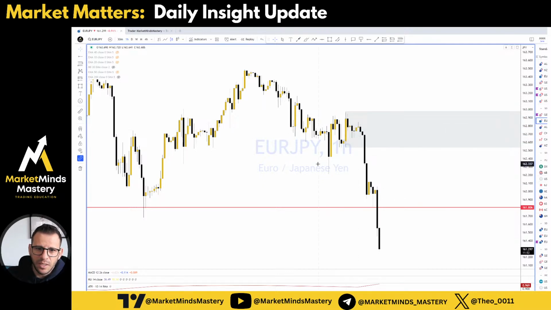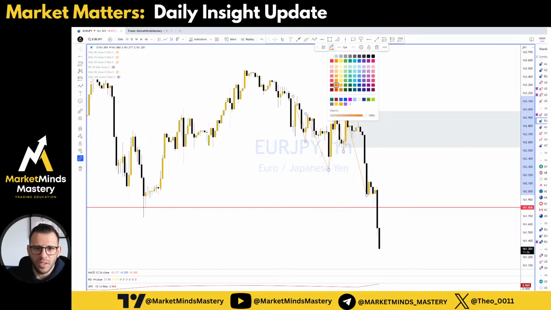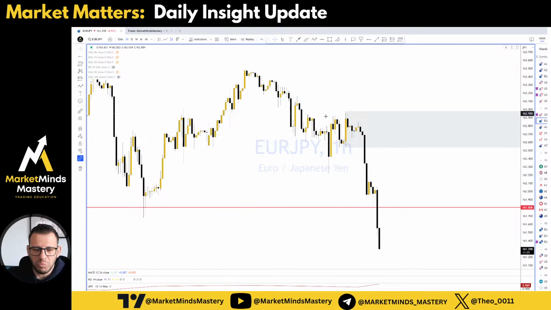But what I like though at this point is that the price, you see, makes lower highs and lower lows, and then at this point made a higher high, and then it broke down. So it's a solid indication that this market has an important area of resistance up here.